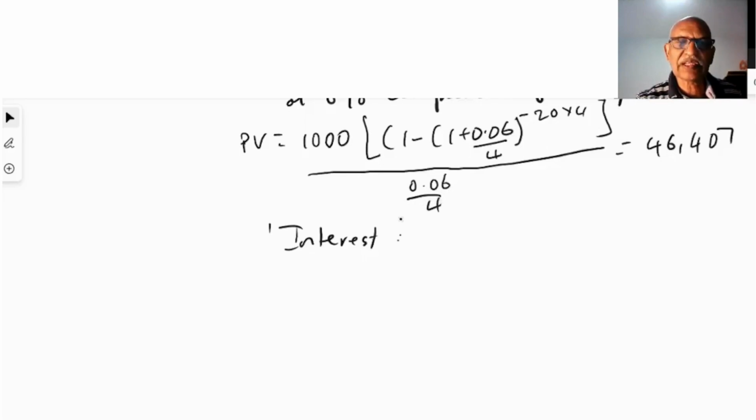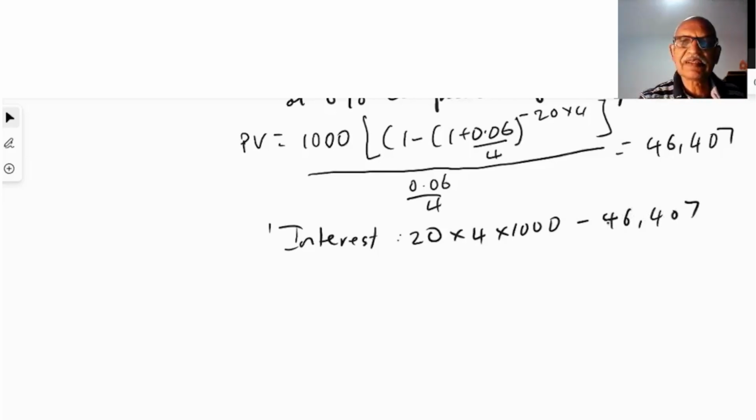In one year there are 4 quarters, so 20 times 4 means there were 80 payments.